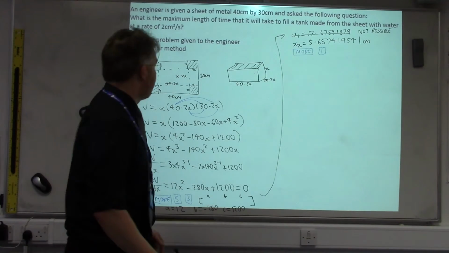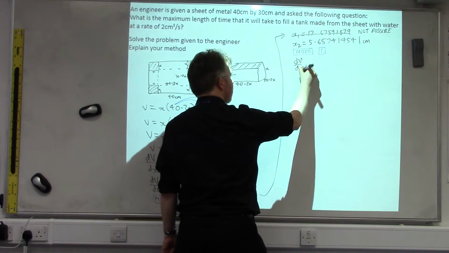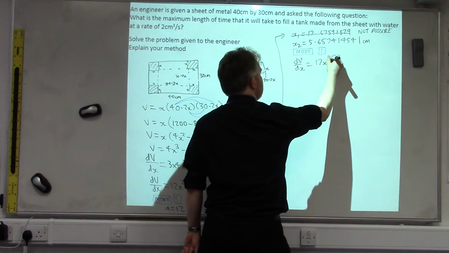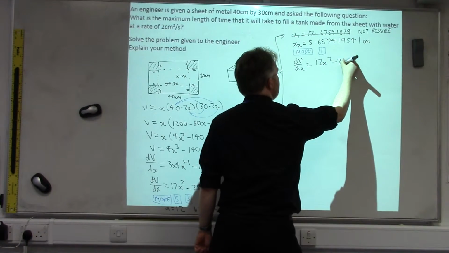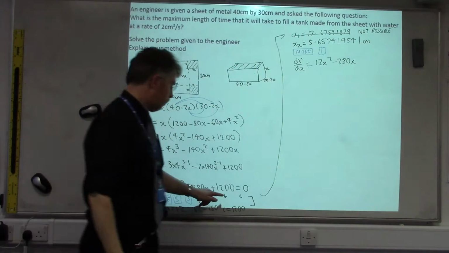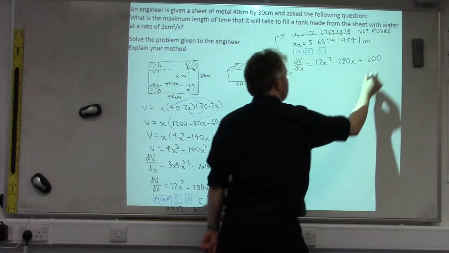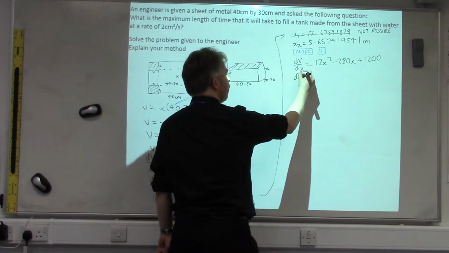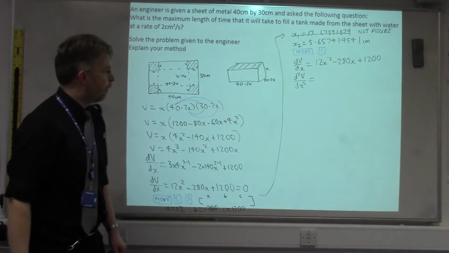And then proving it's a maximum, I need to get my dV by dx formula back. So dV by dx is 12x squared minus 280x plus 1200. We need to differentiate again, so the notation is d2V over dx squared for a second derivative.